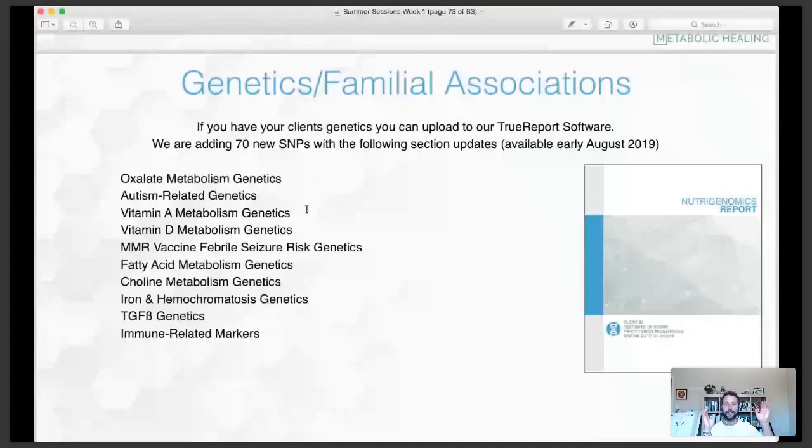Or this FADS1 SNP is associated with higher levels of arachidonic acid by 19% on average. That's a really good study because it's telling you the probability of gene expression from that SNP. And oftentimes those SNPs are found in the promoter regions of the gene. So I'm always looking for those kinds of studies because it's giving you data that's saying, hey, guess what?